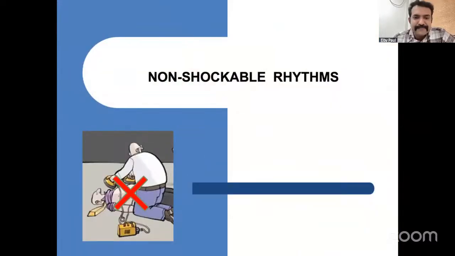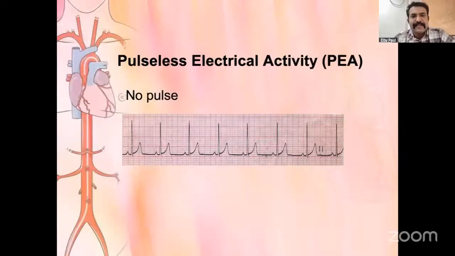Next are non-shockable rhythms, such as pulseless electrical activity. Everything is here: there is a P wave, the PR interval is normal, the QRS complex is normal, no ST elevations, everything looks the same, but the patient does not have any pulse. It is a cardiac arrest situation.